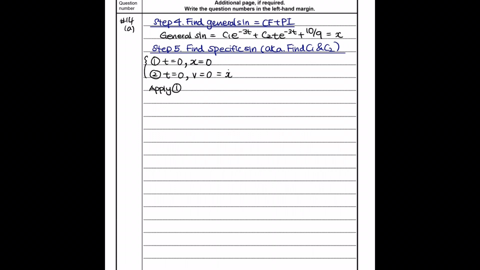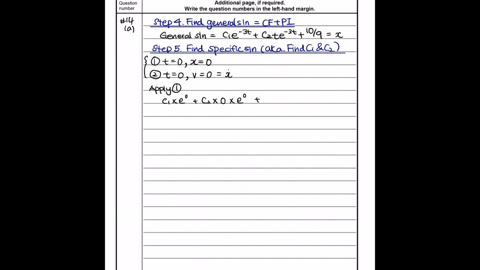So if you substitute our first boundary condition into our general solution, e to the power of 0 all becomes 1. Therefore, the first term becomes c1 times e to the power of 0, which is 1, plus c2 times t, and t is now 0.